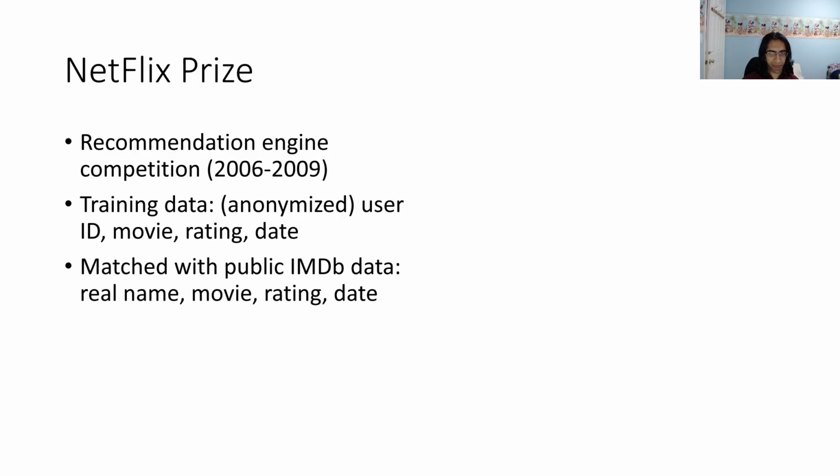In public IMDb data, many individuals choose to write reviews under their real name, which also give a movie, a rating, and a date. So basically, just by cross-referencing these two data sets, finding if a movie was rated on a particular date and it got a similar rating in both the anonymized Netflix dataset without the user's name and the public IMDb data where they did provide their real name, then you can connect them up.